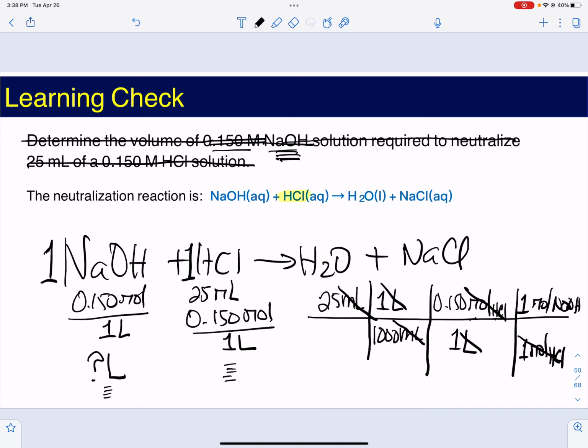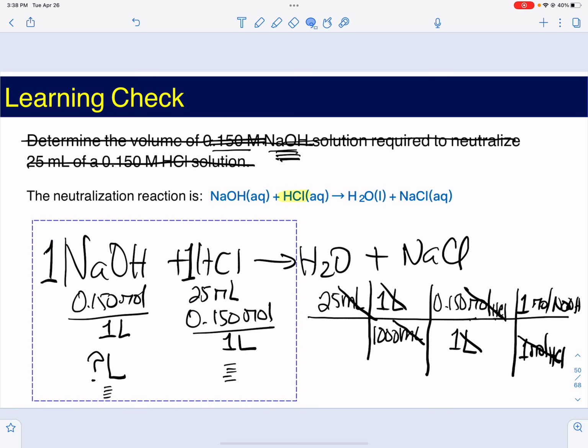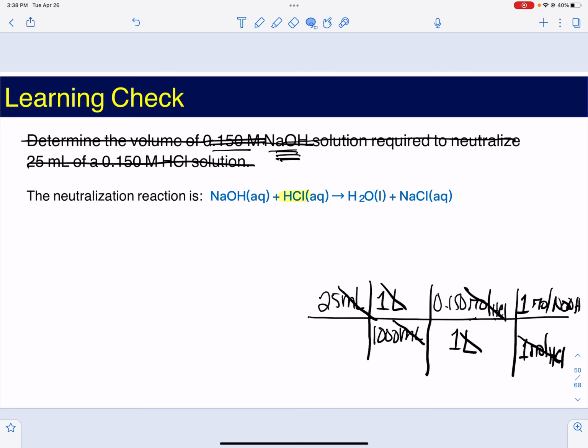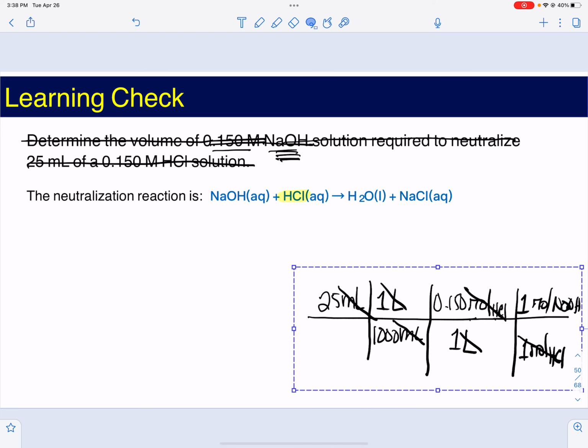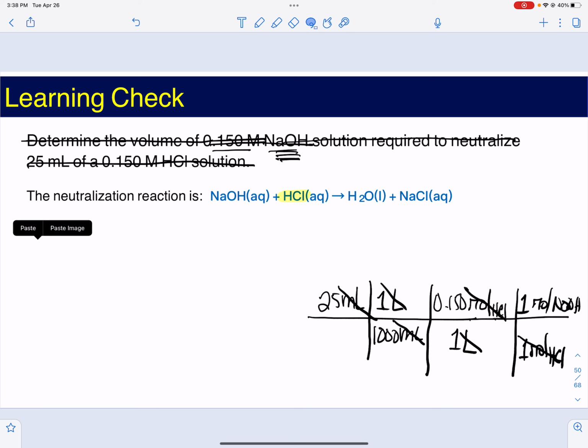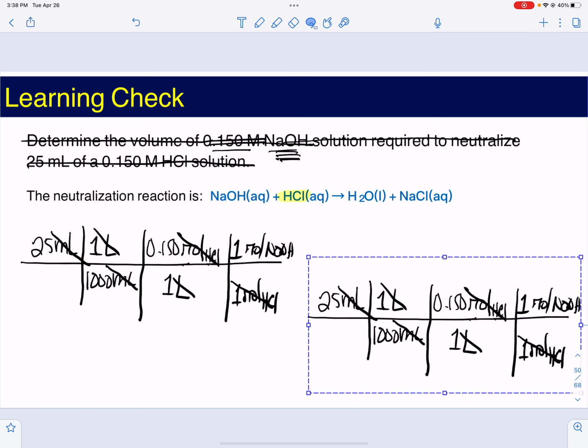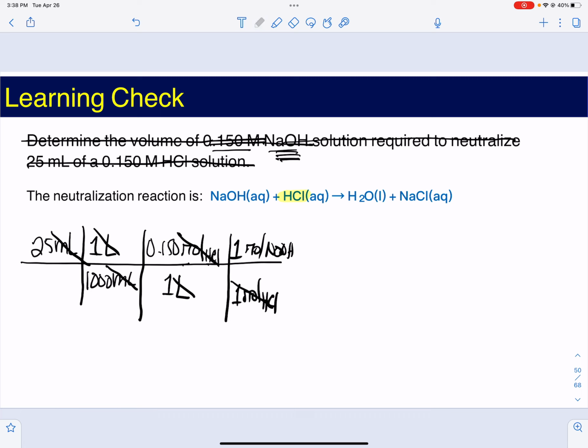So let me clear the screen a little bit. When I get to this point, I am now able to know the moles of NaOH that 25 milliliters of HCl require because it's 1 to 1.